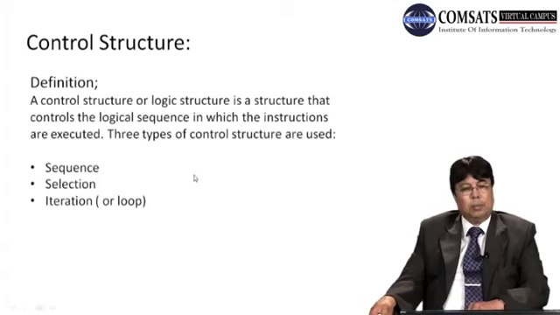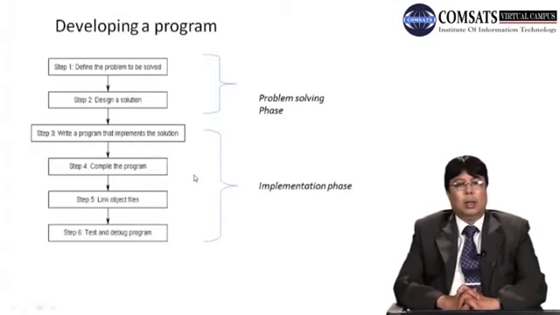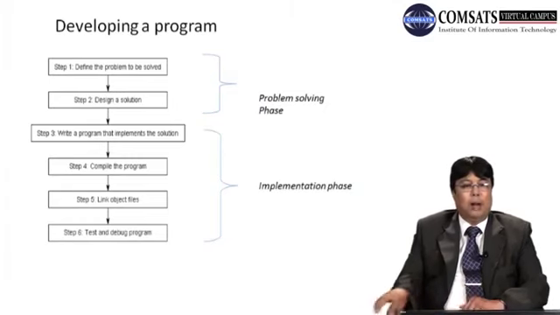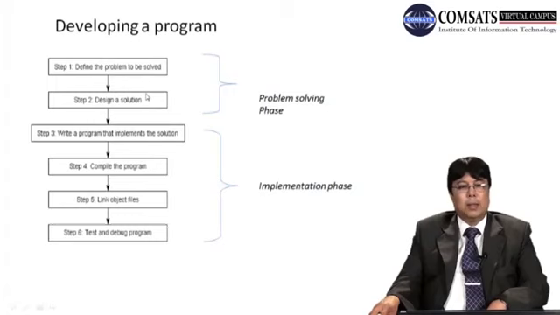So coming back to our same developing a program, 6 steps of developing a program. We have already discussed the first 2, problem solving phase. Now I would like to talk about the remaining 4 phases, which is called the implementation phase.